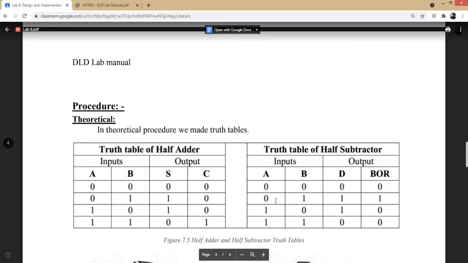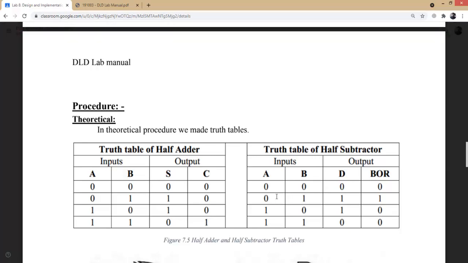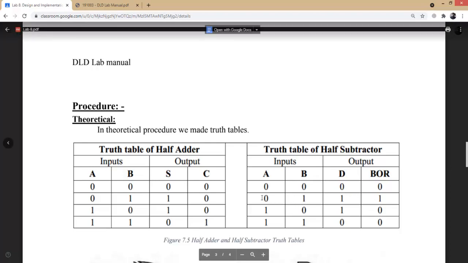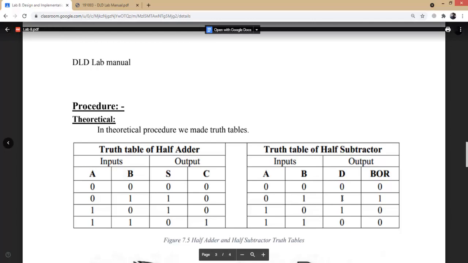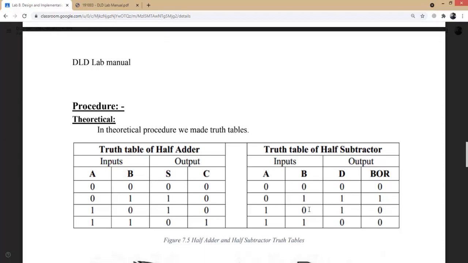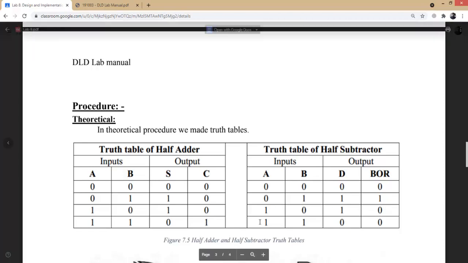Now to subtract B from A, you can see 0 is a smaller number and 1 is a greater number, so there needs to be a borrow. So borrow comes here, this becomes 10 minus 1, 2 minus 1 is equal to 1, and 1 borrow here. Now 1 minus 0 is simply 1, and 1 minus 1 is simply 0, and there is no borrow needed for these two.